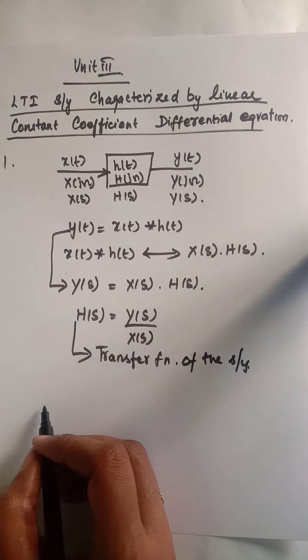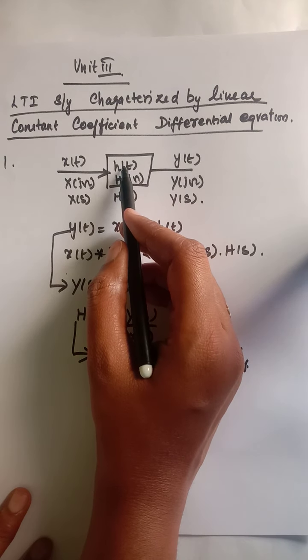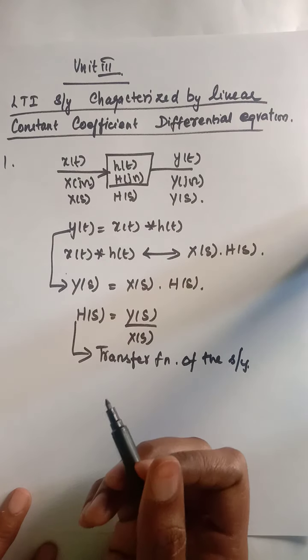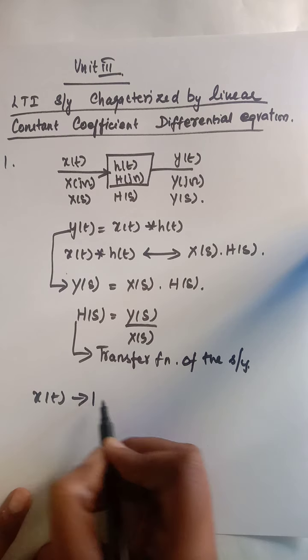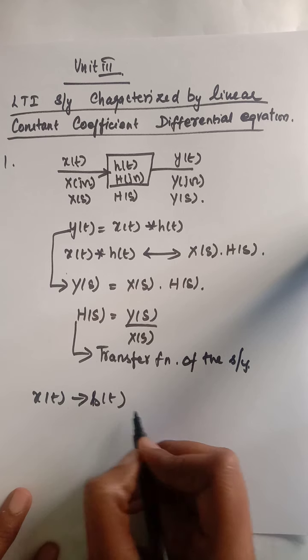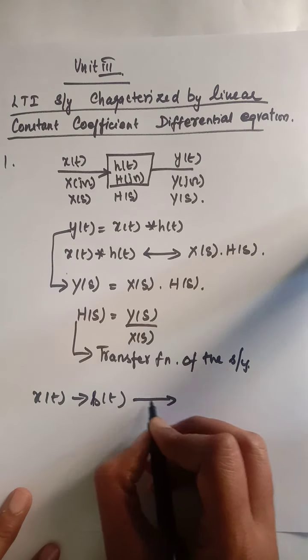We know that h of t is the impulse response of the system. Why are we naming it the impulse response? When you apply the input x of t equal to delta of t to the system, what is the Fourier transform of delta of t?